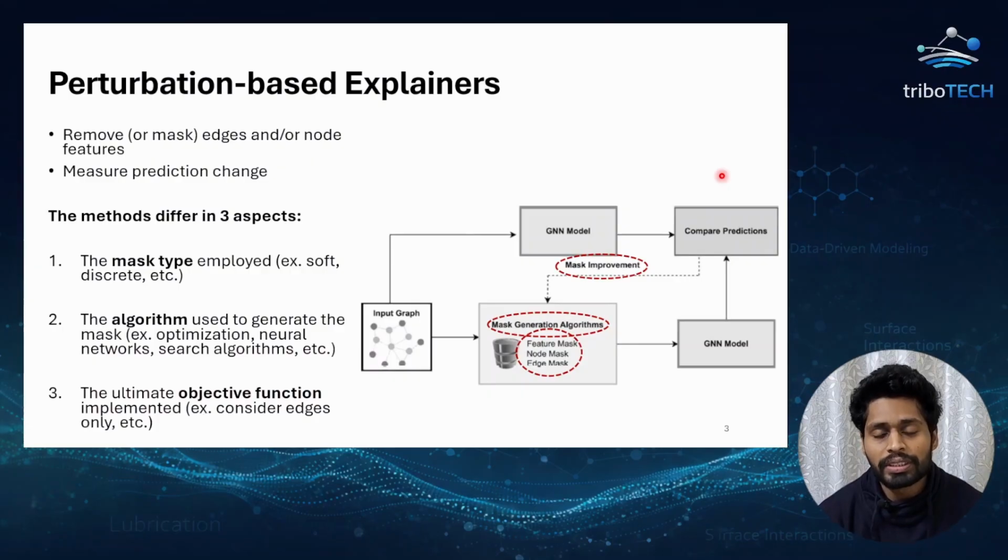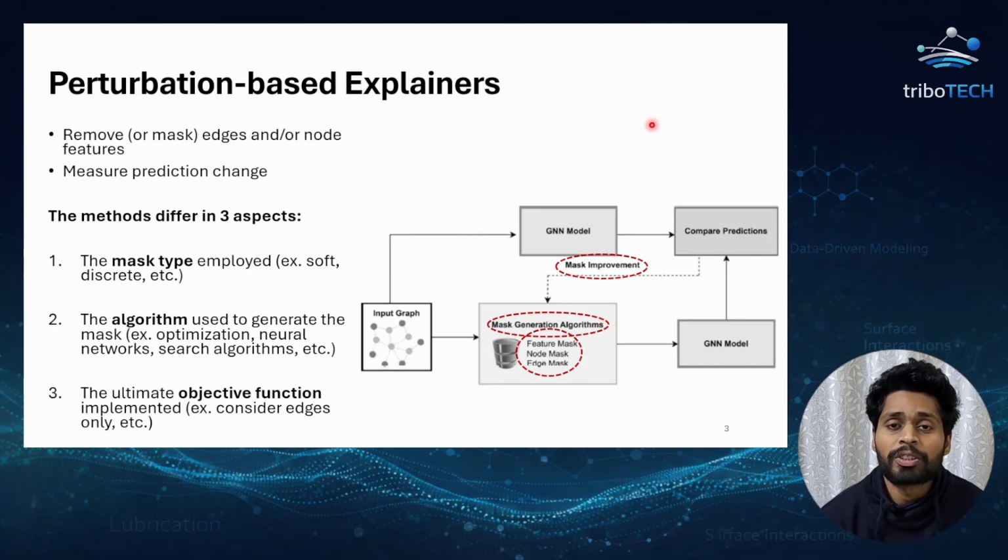We use this information to determine which are the important substructures in the graph. You can have a look at how the perturbation-based explainers are integrated in the GNN pipeline.